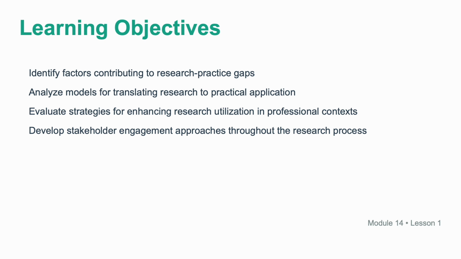And finally, develop stakeholder engagement approaches throughout the research process, because research done with practitioners is far more likely to be used by practitioners. These objectives build on everything you've learned in previous modules and prepare you for the culminating work of this course.